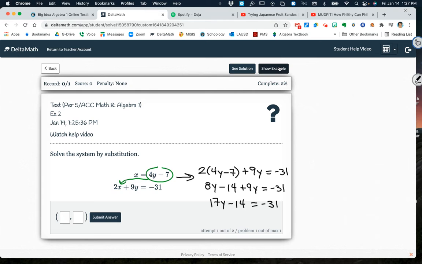All right. So let's get rid of negative 14. So let's add 14. And that's going to give us 17y equals, what's negative 31 take away 14?